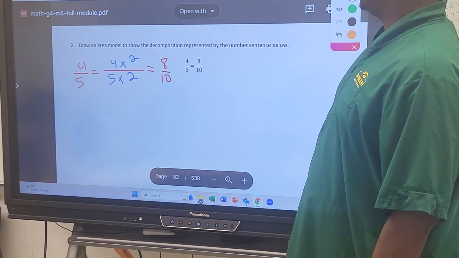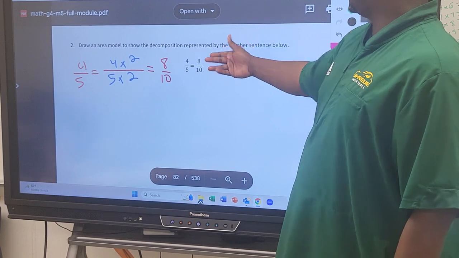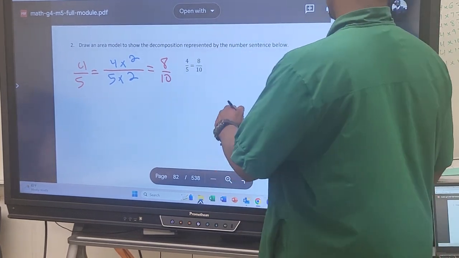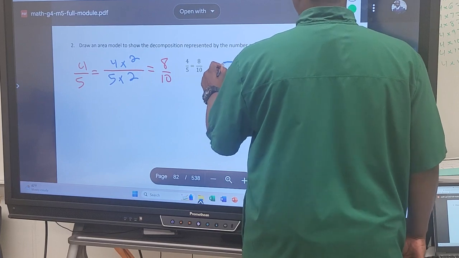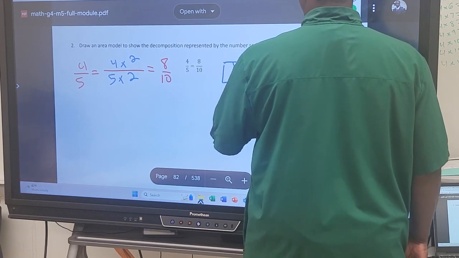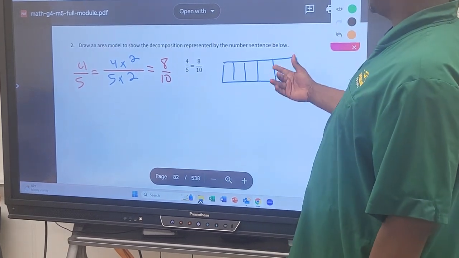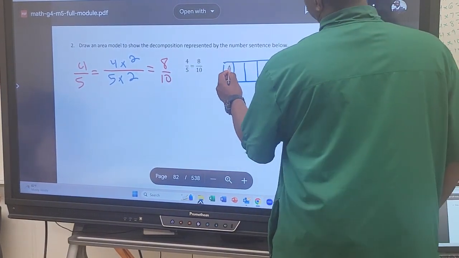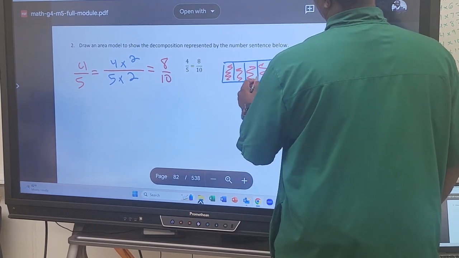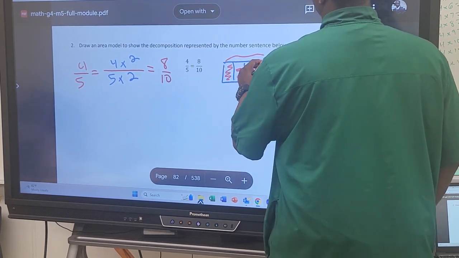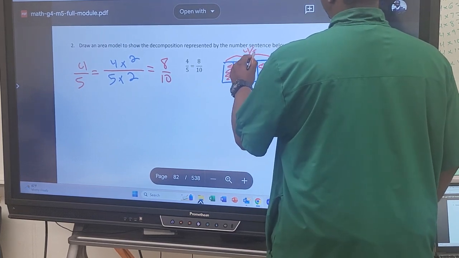Okay, now I'm gonna use my area model to represent this first fraction. I know I have 5 total blocks, because my denominator is 5. 1, 2, 3, 4, 5. I know I have to shade 4 of them. It represents 4/5.